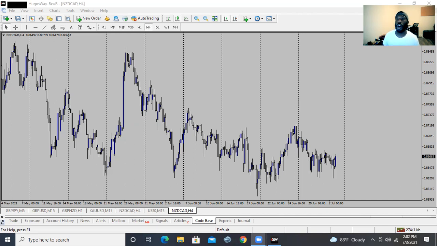As you can see, we are on the 4-hour time frame. We are on MT4, this is Hugo's Way, where the market is currently closed as today is Saturday. Here we have a downtrend, with this being our highest point from where this downtrend started. We had a corrective move here off of this downtrend to retest the previous week's highs.